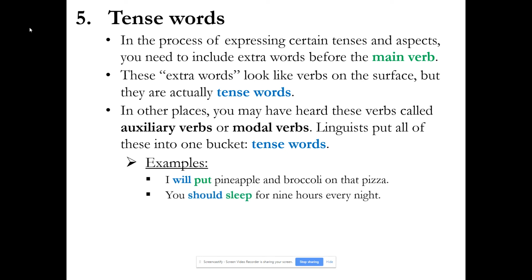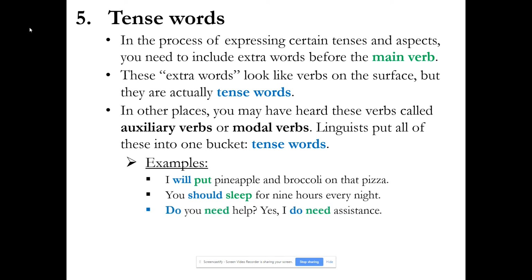You should sleep for 9 hours every night, right? This should here is expressing duty or need to do something. But the should by itself doesn't really hold the meaning of the main verb in here, which is sleep. So the should here is acting like a tense word, and the sleep is our main verb.